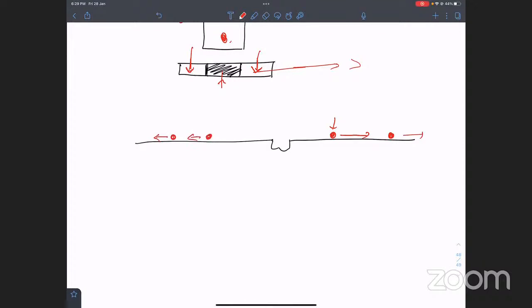But the probability actually decreases the farther you go away from the well. This means that there is no flow, that it is indeed trapped. It's not flowing out, but there is still a probability of detecting it outside.